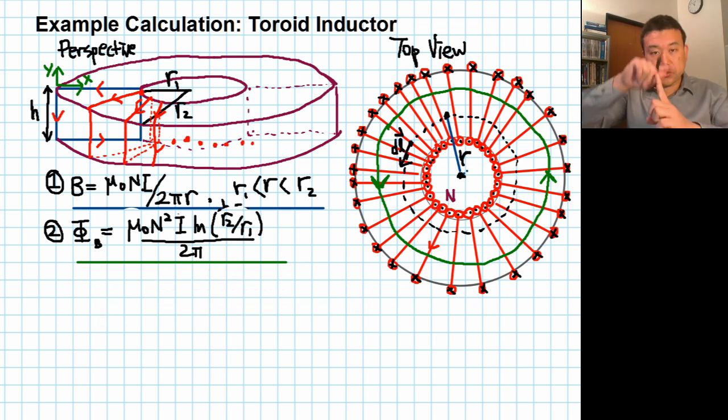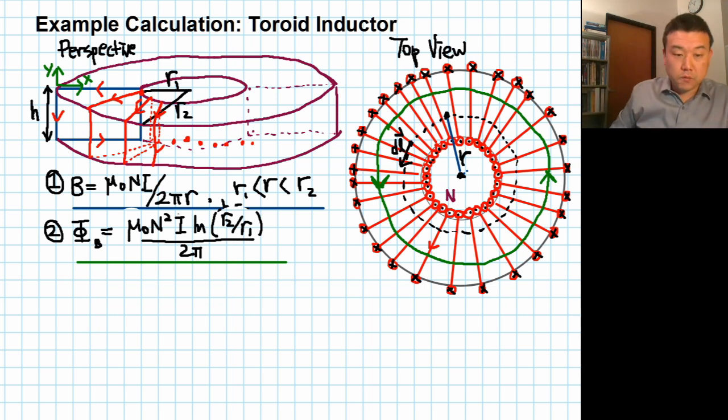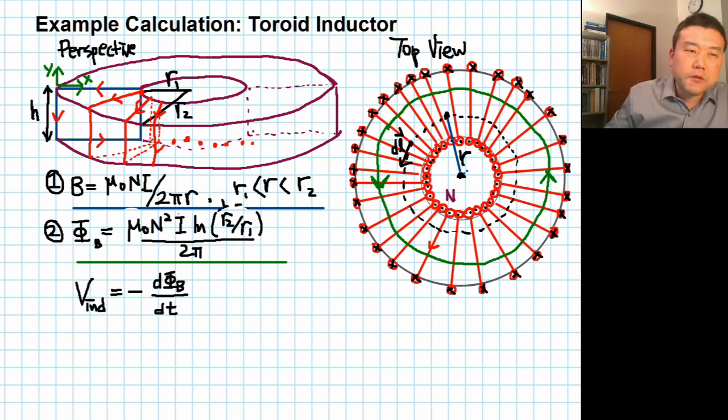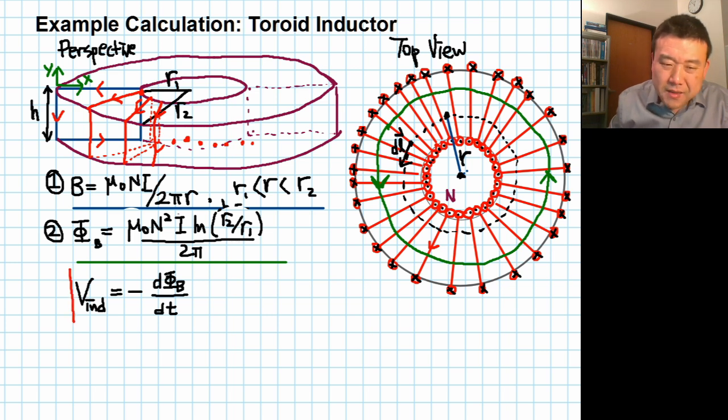So the induced voltage around the whole toroid, imagine all those n loops, will be equal to minus the rate of change of magnetic flux. But for the purpose of the calculation of inductance, let me not worry about all these minus signs. I only care about the magnitude. I'm not going to worry about the minus sign.